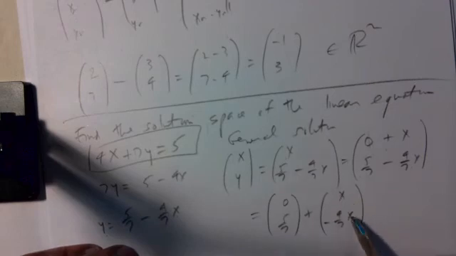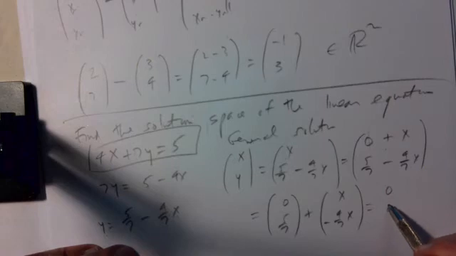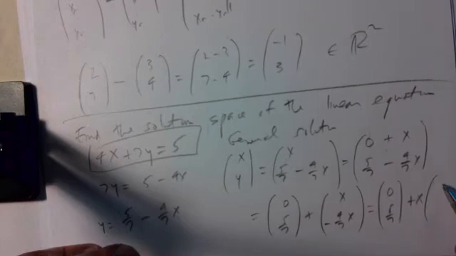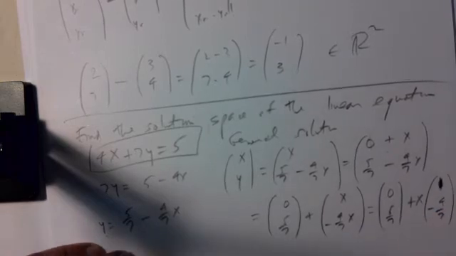And I could factor an x out of this if I like. This is 0, 5/7 plus the scalar, the number x, times the vector 1, minus 4 over 7.